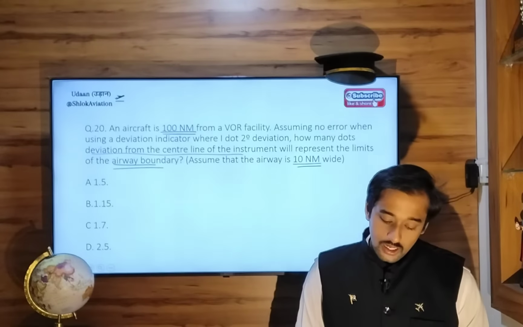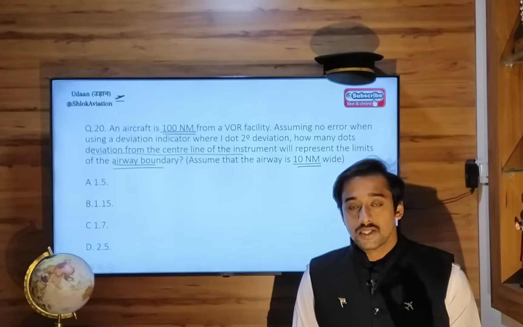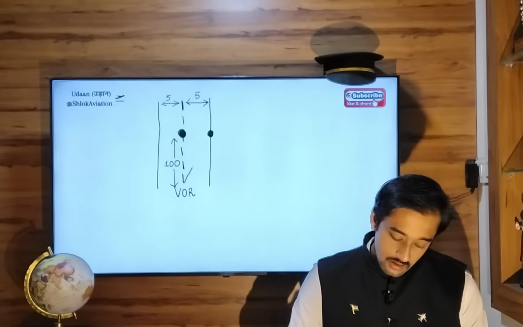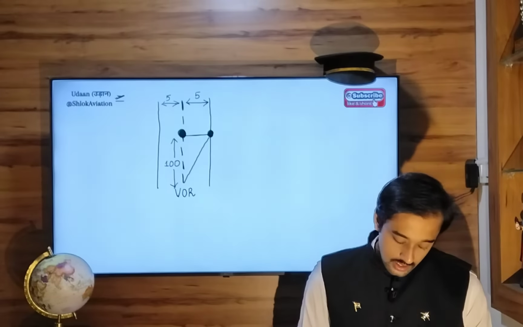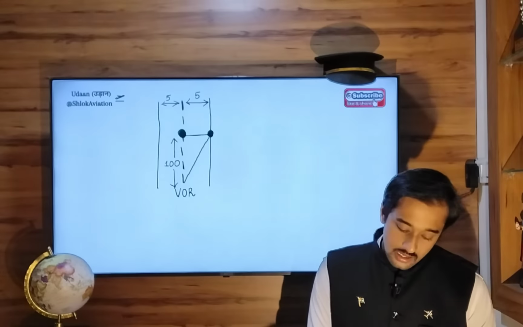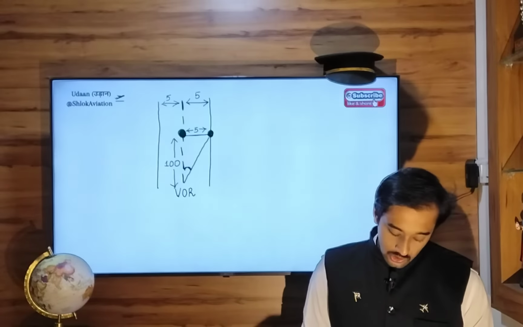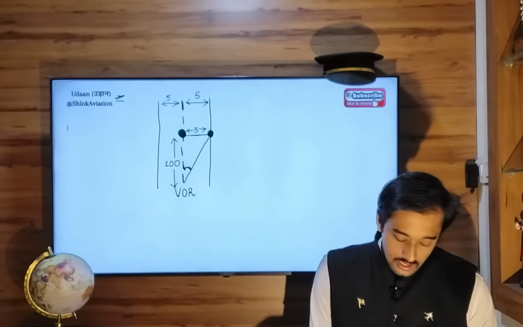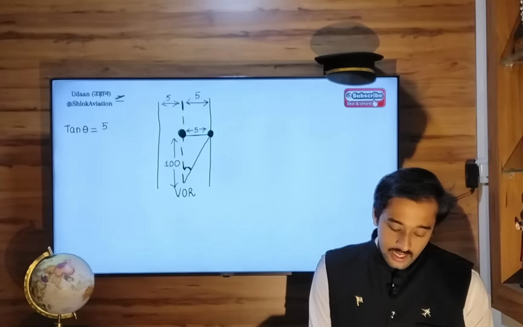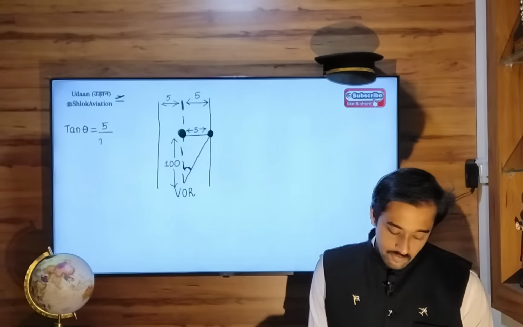So we have to find out what will be the amount of deviation angular wise and dot wise. So let's join this triangle, make this triangle complete. We know that this is 100, this is 5. Now let's find the angular difference between them. So using the tan theta formula, tan theta, which is opposite upon adjacent side. So opposite side is 5 nautical mile, and the adjacent is 100.